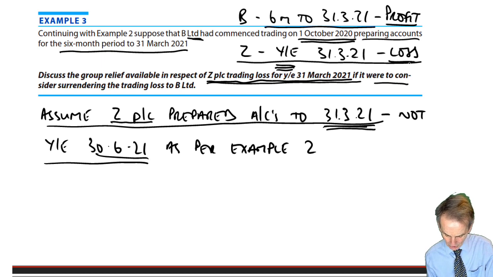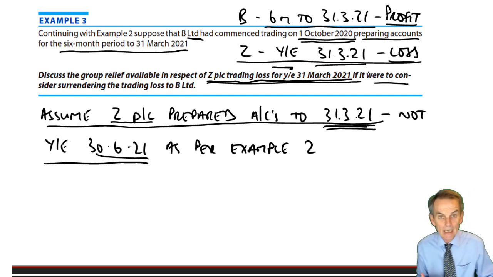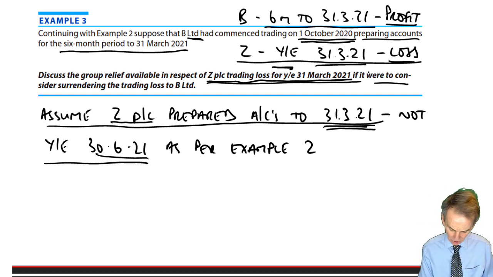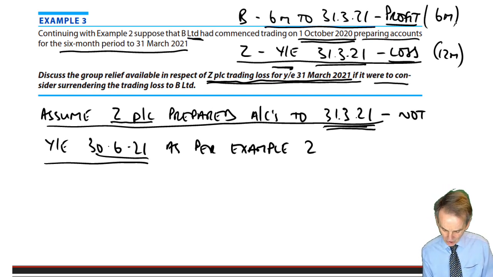Z's loss was for a year ended 31st of March 21. So they've got the same accounting period end, there's just one problem. This is 12 months worth of loss, and this is only 6 months worth of profit. All of that 6 months worth of profit is coterminous, it corresponds with the year ended March 21.